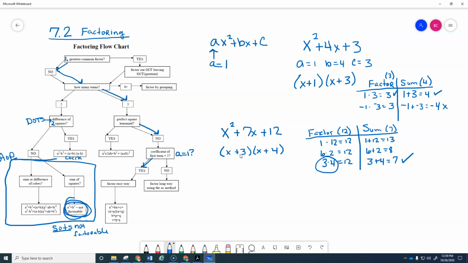So I know that this trinomial is the result of factoring. The factors of this trinomial are x plus 3 times x plus 4. If I multiply x plus 3 times x plus 4, I will get x squared. You can check your work by using the box method.